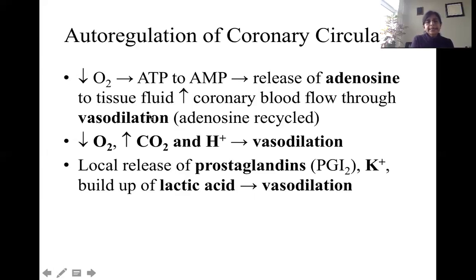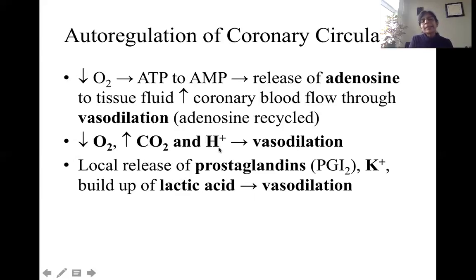All right, yet another mechanism is when there is less oxygen, that also implies that there is more CO2 buildup, more hydrogen ion buildup. So this combination of events, less oxygen, more CO2 means more hydrogen ions. So they go hand in hand.